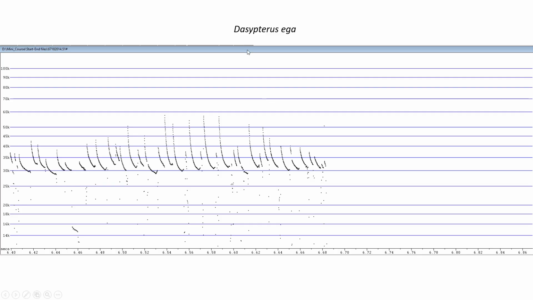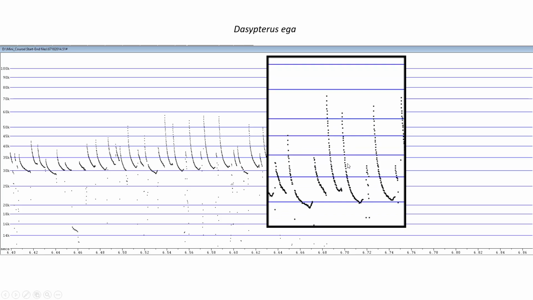We have another issue with Lasiurus ega. This used to be Lasiurus ega, and then the genus was recognized and split into three separate groups, which is actually quite useful. But all the Lasiurines are characterized by the FC, the characteristic frequency of the dominant harmonic, going up and down, changing. So this pattern here, up and down, is diagnostic for all the Lasiurines.